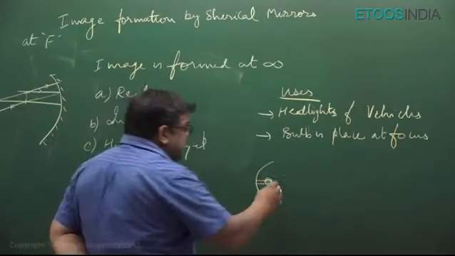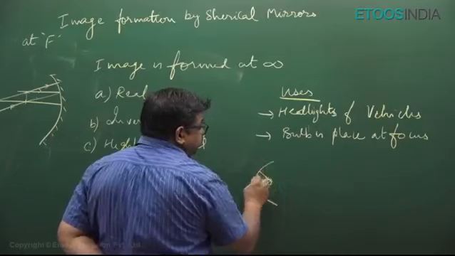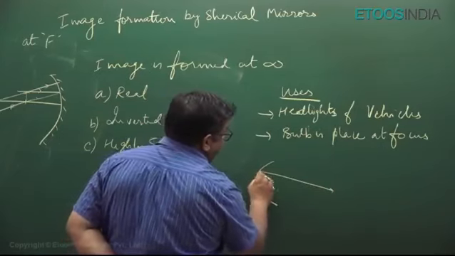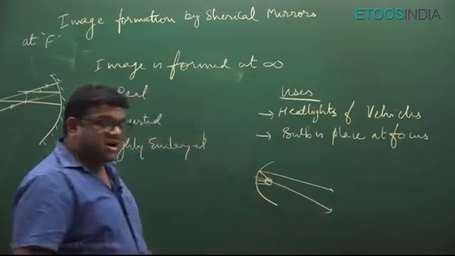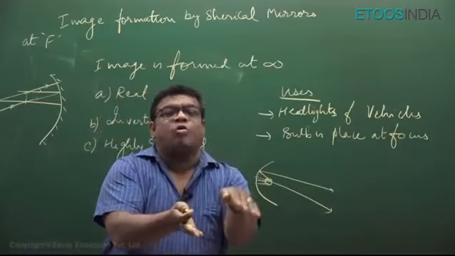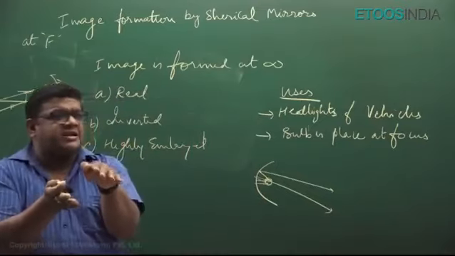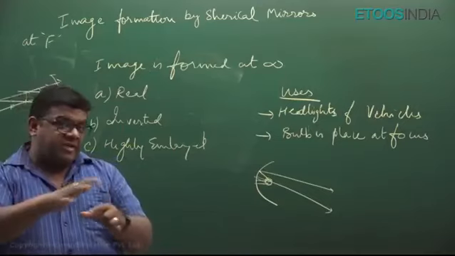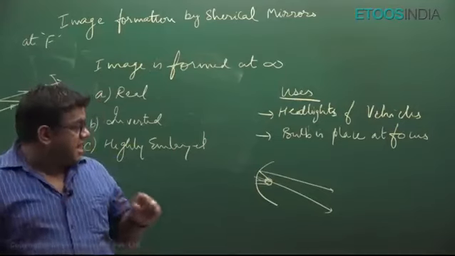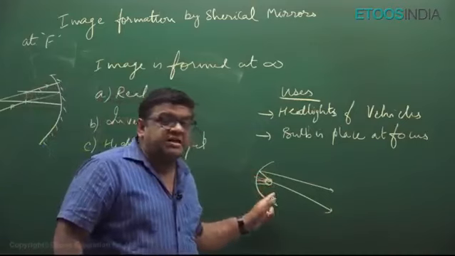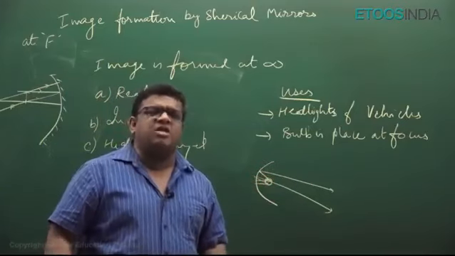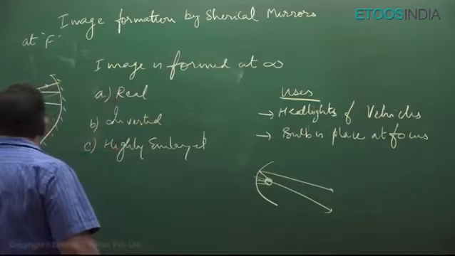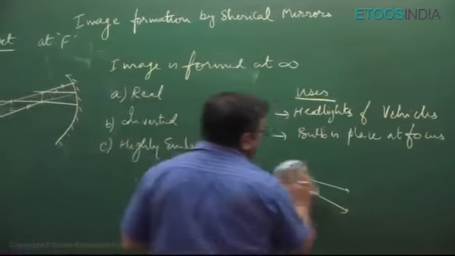So, when these rays go like this, they are converged on the road, because we need that focus of light in front of the vehicle so that we can see the road properly. Hence, these mirrors are used in headlights of a car or vehicle or any bike. Is it clear? Now, I'll move on to the next position.